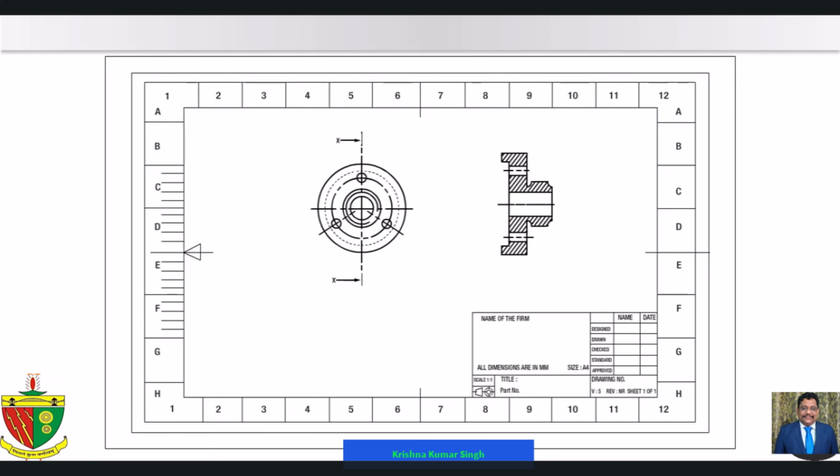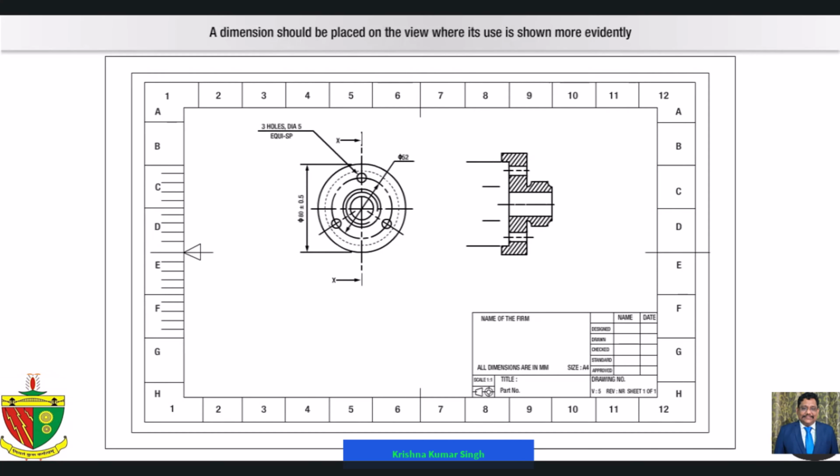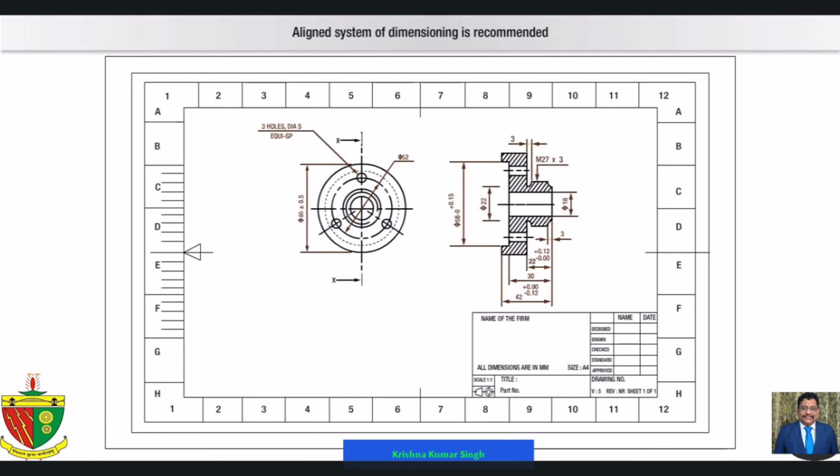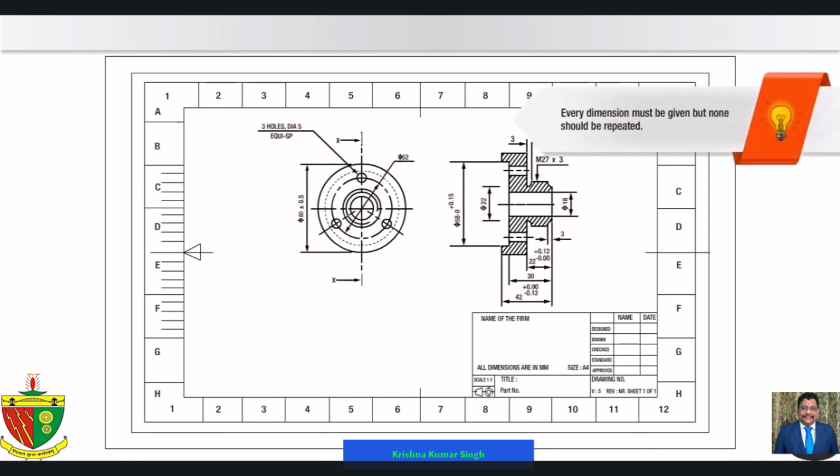Let's understand general rules for dimensioning. A dimension should be placed on the view where its use is shown more evidently. Aligned system of dimensioning is recommended. Note: every dimension must be given, but none should be repeated.